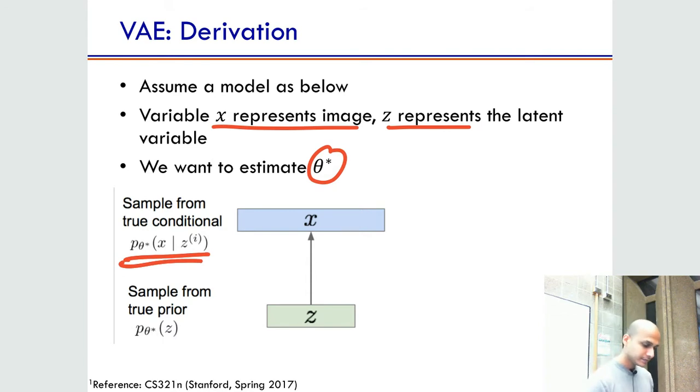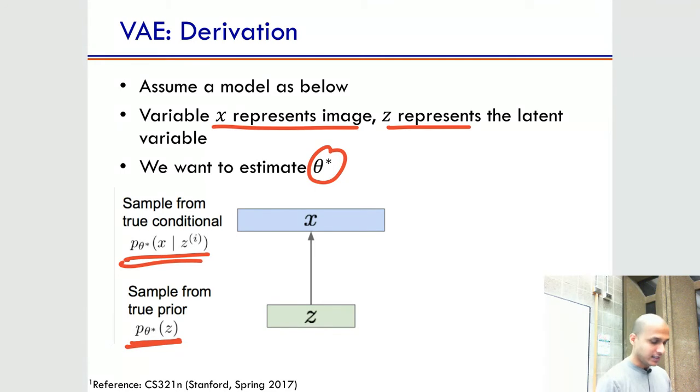There is actually a true distribution on z. So ignore the Gaussian assumption. I have some distribution on x's, p of x. Let's say I also have a distribution on z's, which, ignoring the Gaussian, is some distribution.